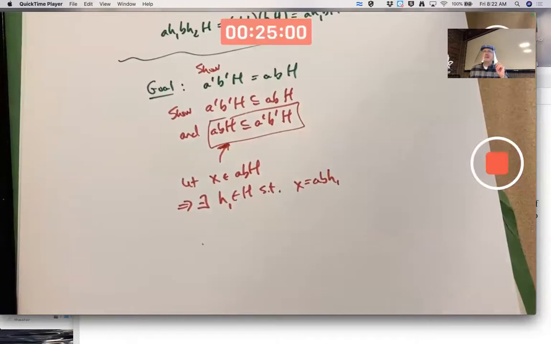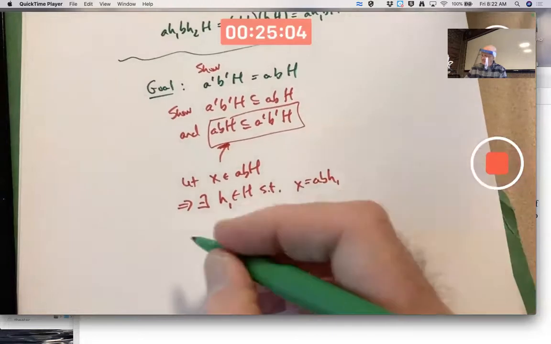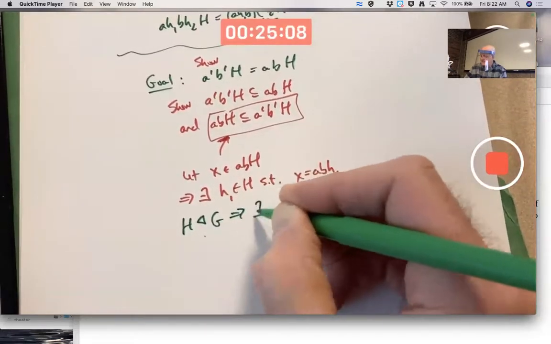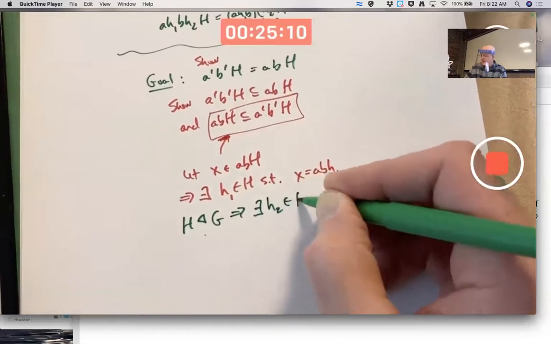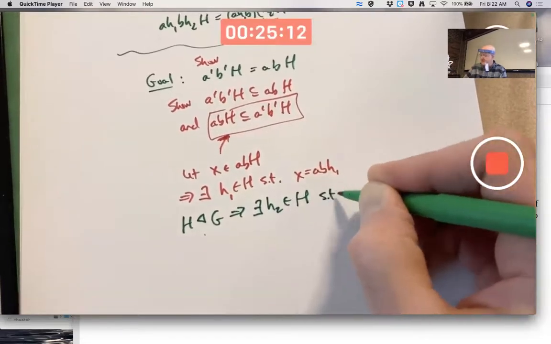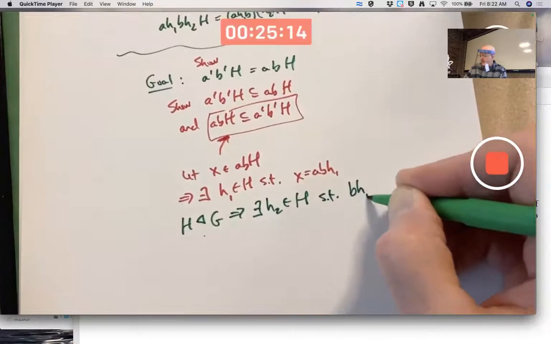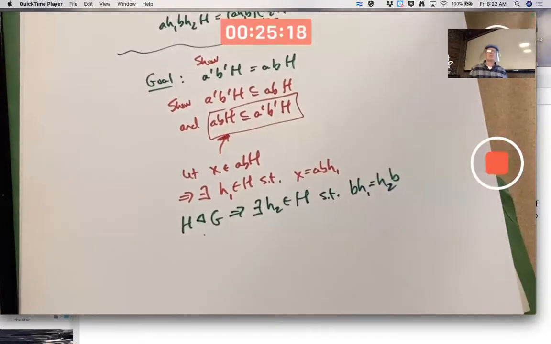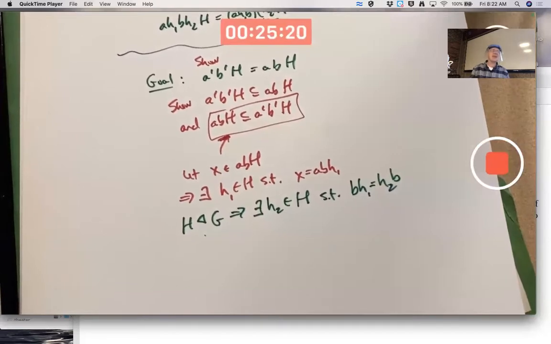But since H is normal in G, there exists, call it an H2 in capital H, such that, say, BH1 equals H2B. If the group were abelian, H1 and H2 would be the same.